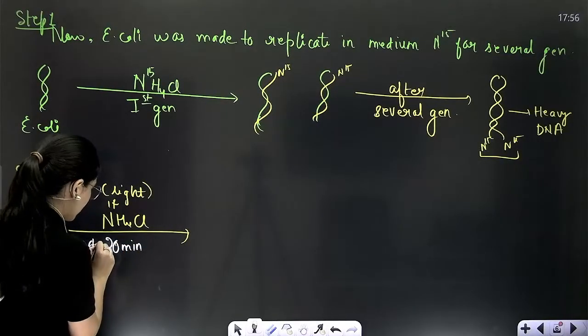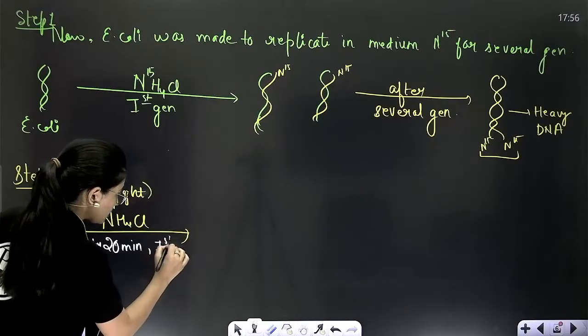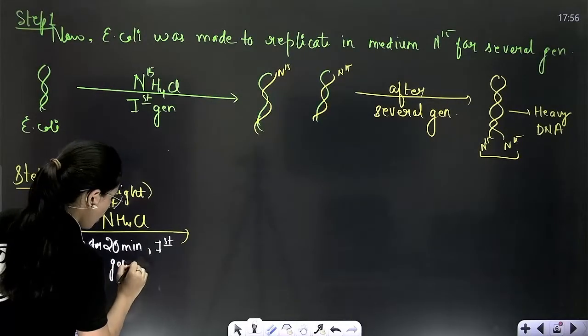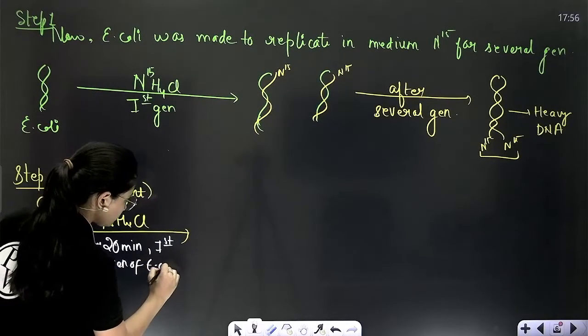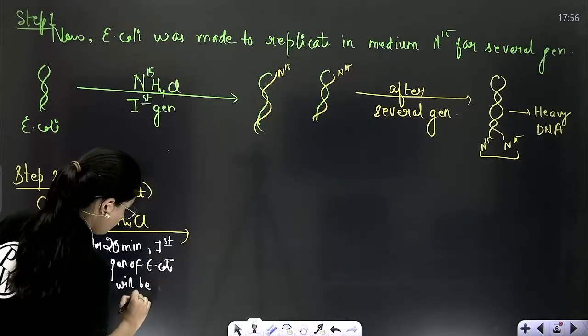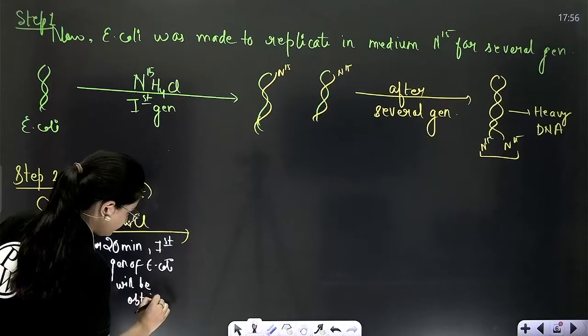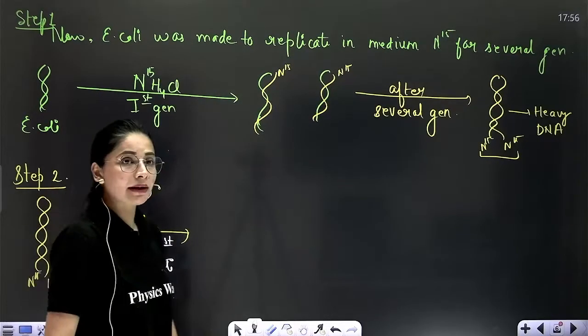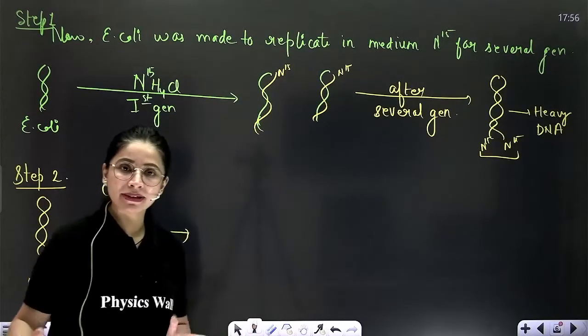After 20 minutes, the first generation of E. coli, beta, will be obtained. What will happen? Semi-conservative replication of DNA.